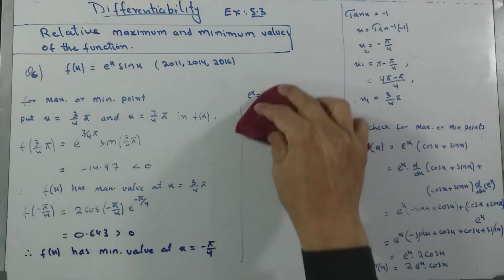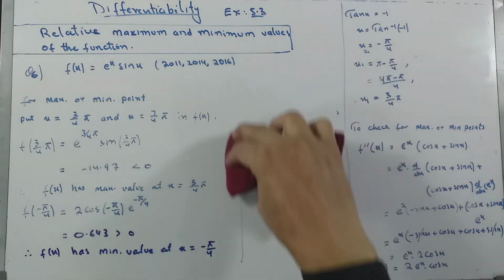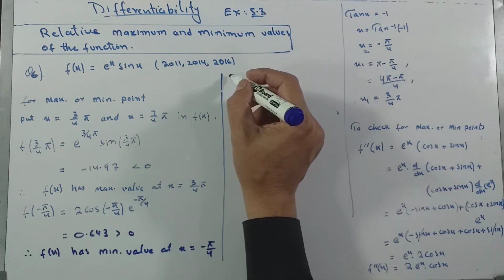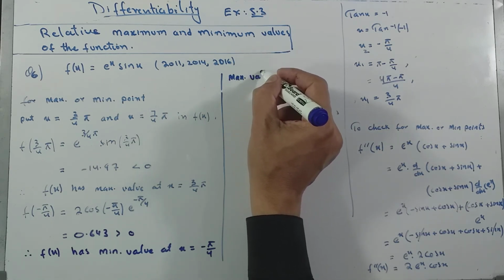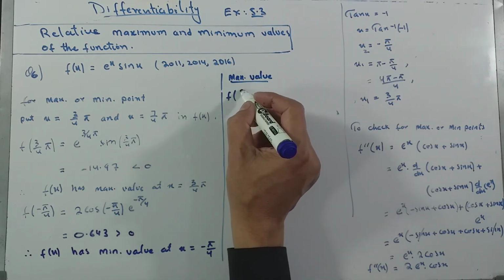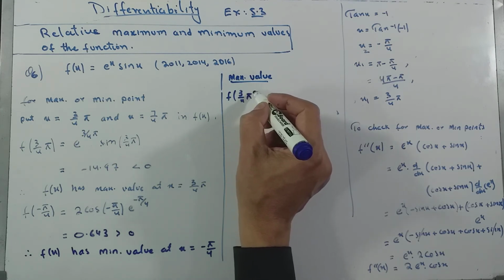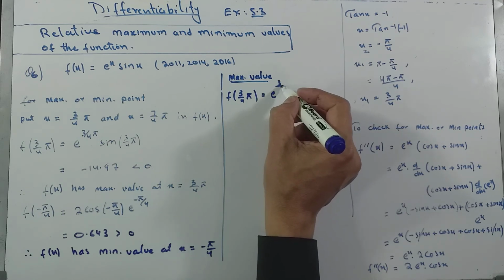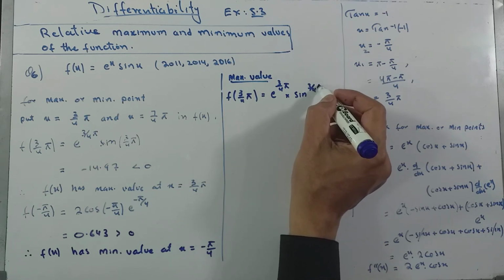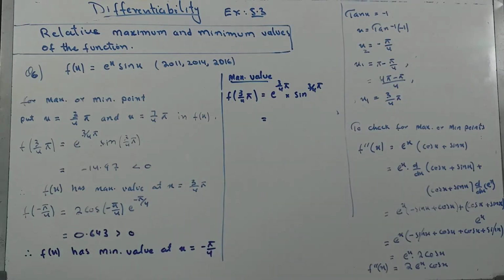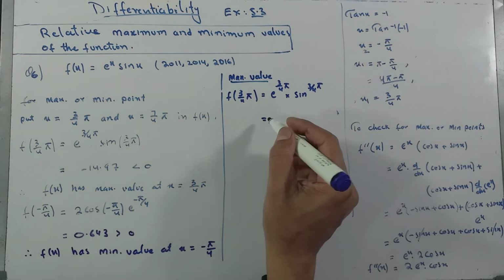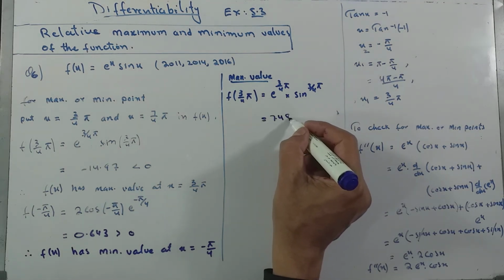I don't have the space, so now, maximum value first. f of 3 upon 4 pi is equal to e^(3 upon 4 pi) multiplied by sin 3 upon 4 pi, and we will get this value, 7.487.